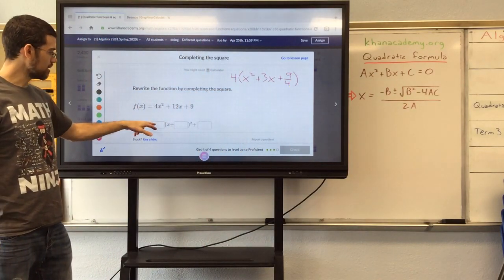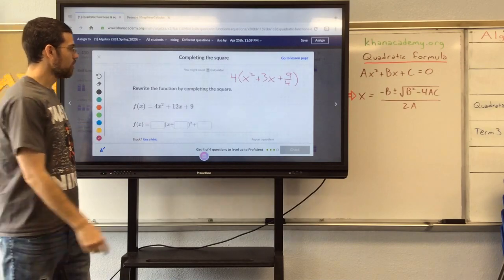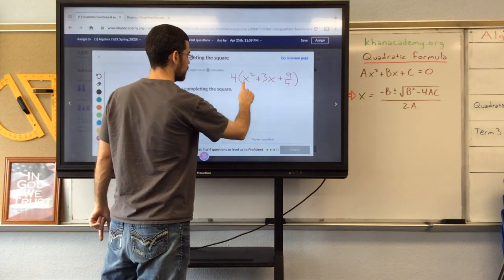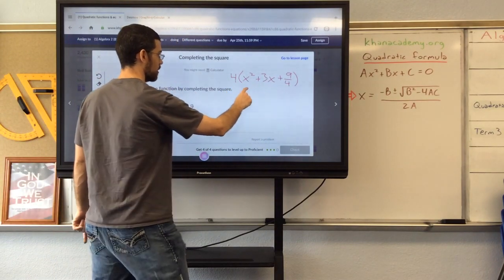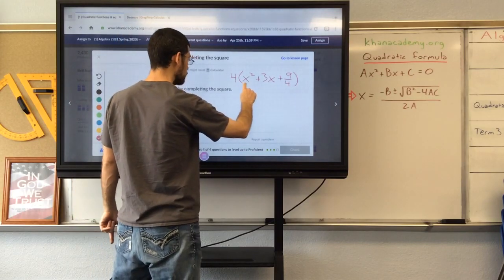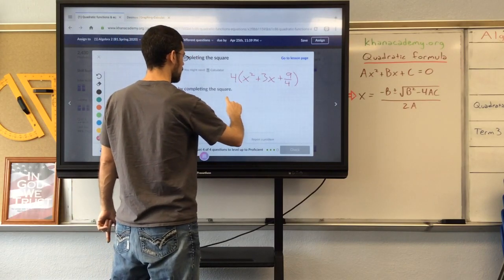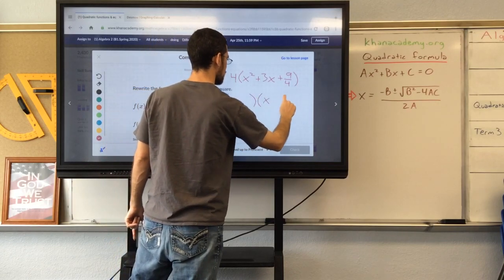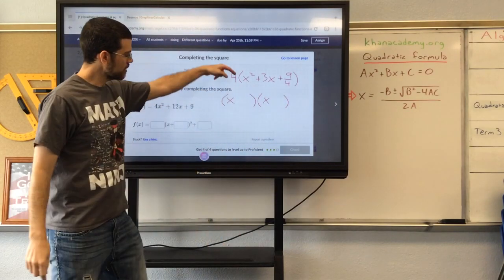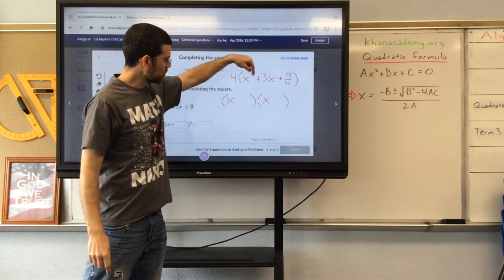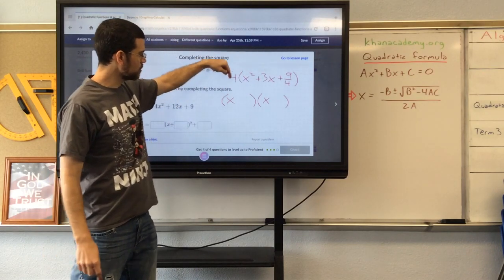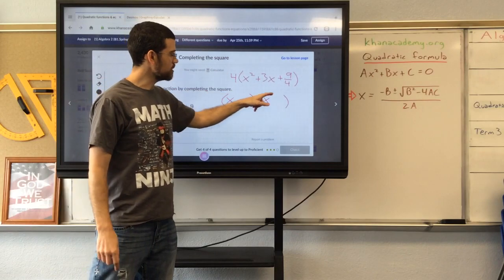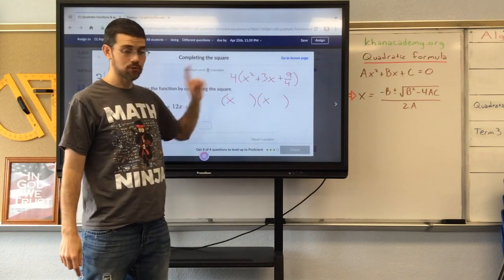Now, so that tells us we need to put a 4 here. We want to look at this and we want to complete the square here. So x times something has to give us a 3x for our middle term. X times x is x squared. Something times x plus the same thing times x has to equal 3x.